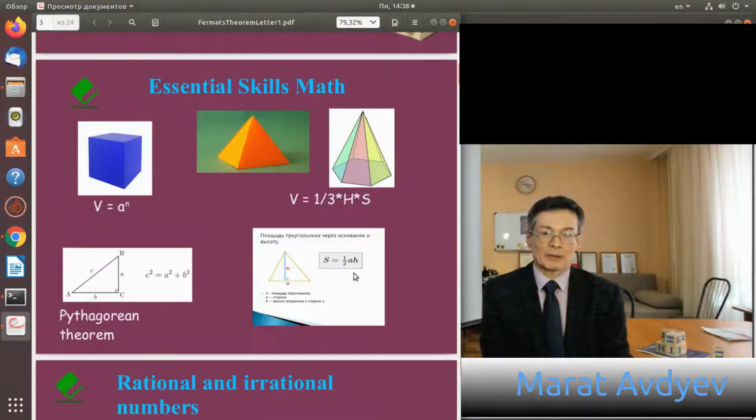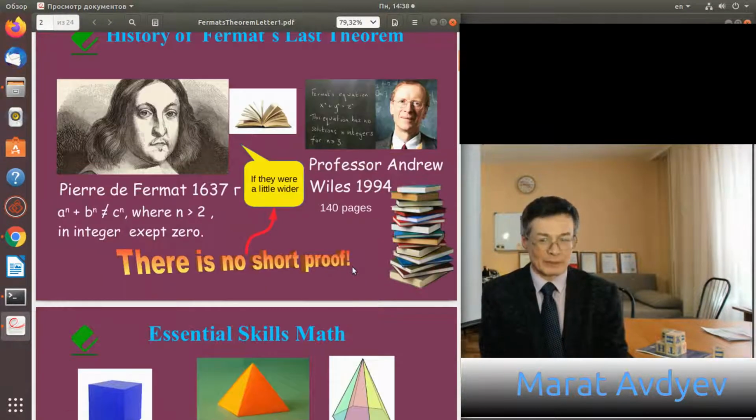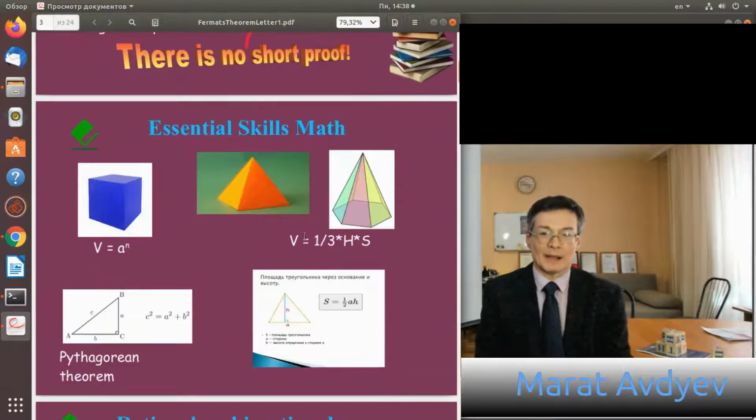But how about people who don't know number theory? Here is an essential skill in math.